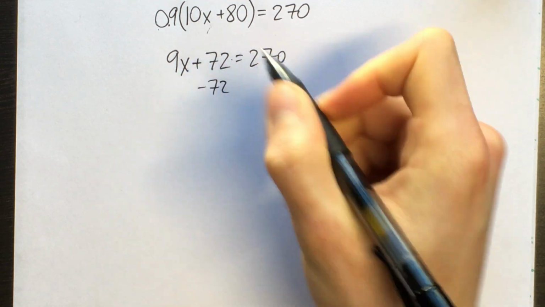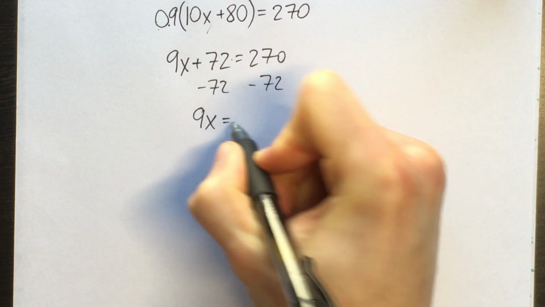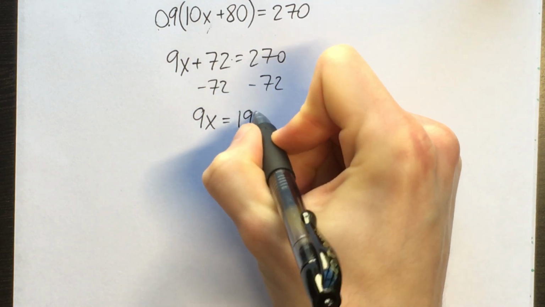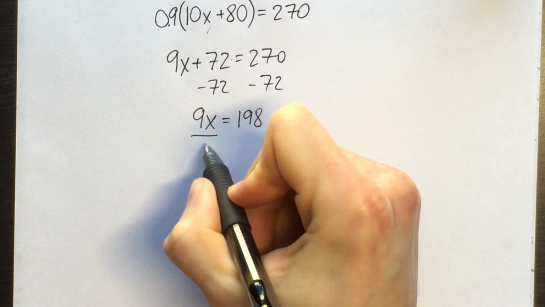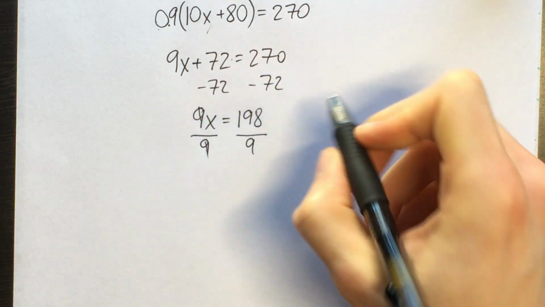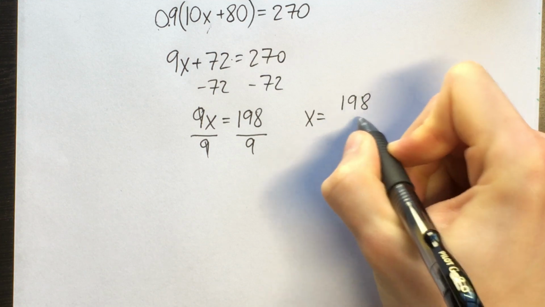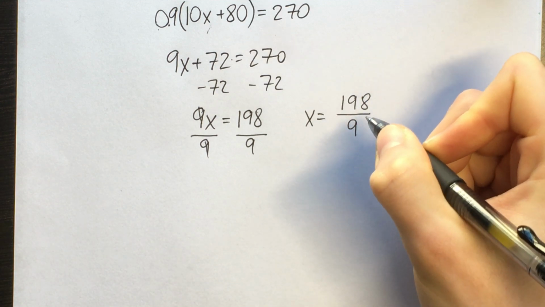Here, let's start to isolate our x by subtracting 72 on both sides, so we get 9x is equal to 198. And finally, dividing by 9 on both sides here. So this cancels out, so we get that x is equal to 198 over 9.